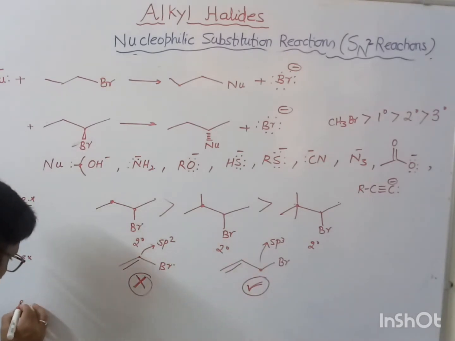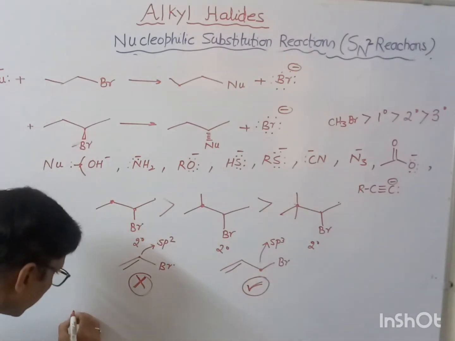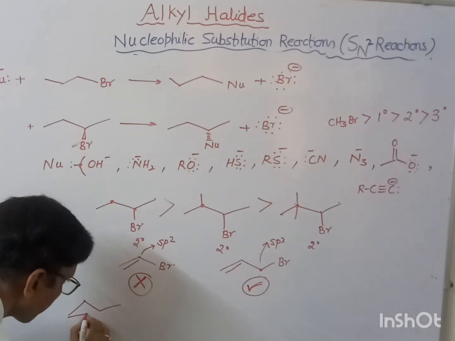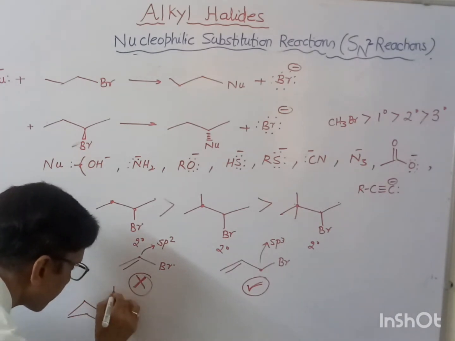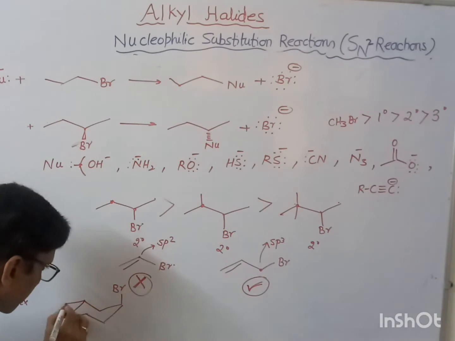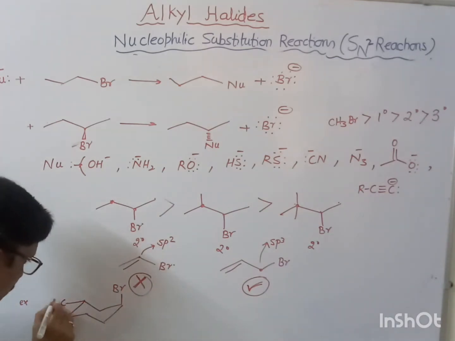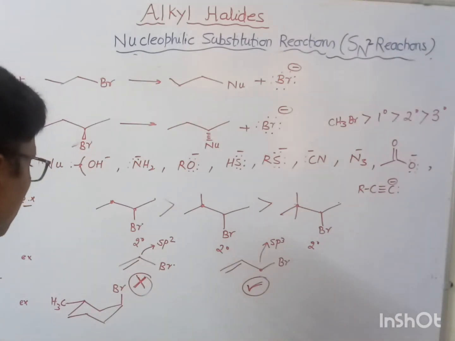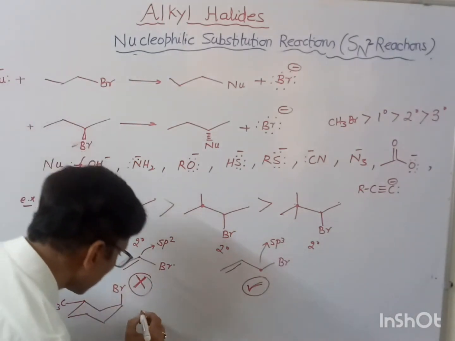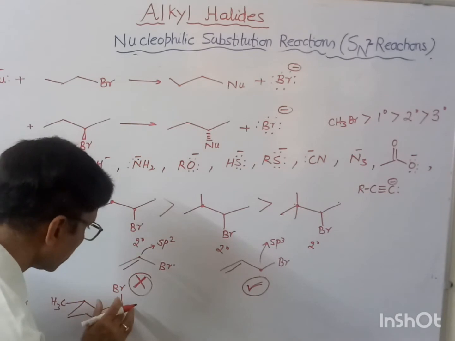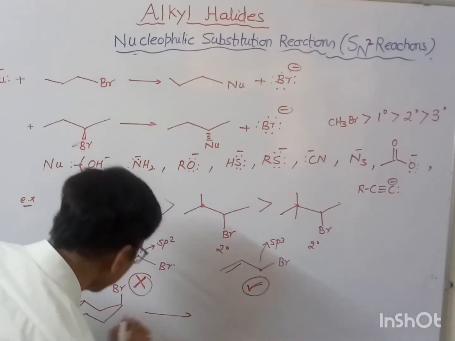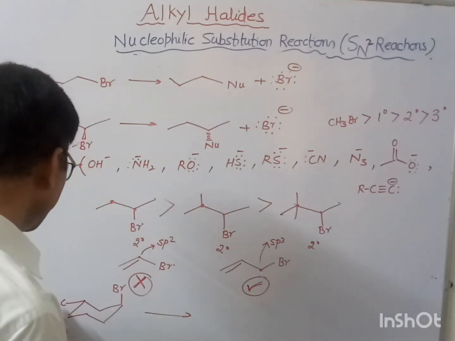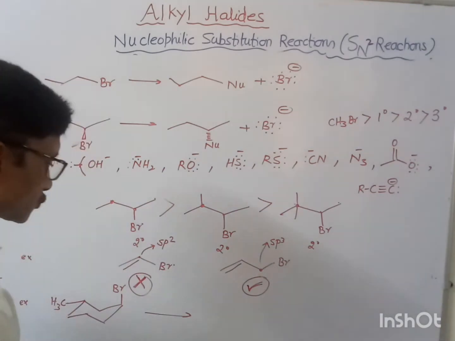In the same way, suppose I am having methylcyclohexane, which means one bromine atom is present over the cyclohexane, and one methyl group is also present over here.